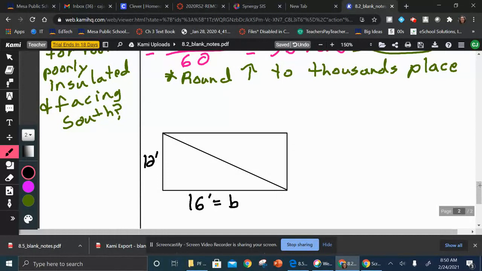So this is the base, and we want to know the length of the deck's diagonal, to make sure that we're constructing our deck correctly.